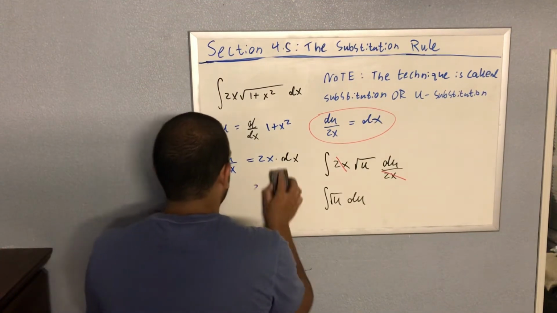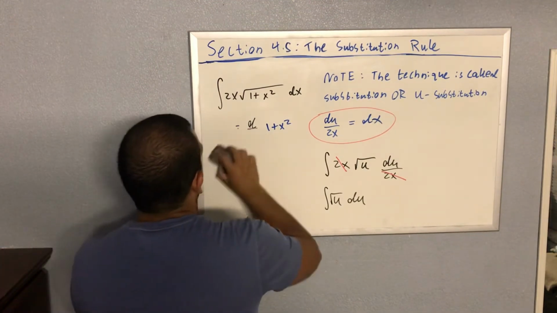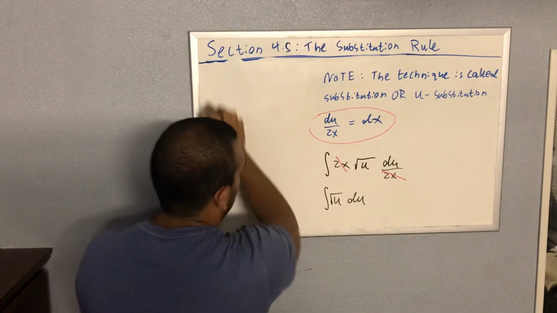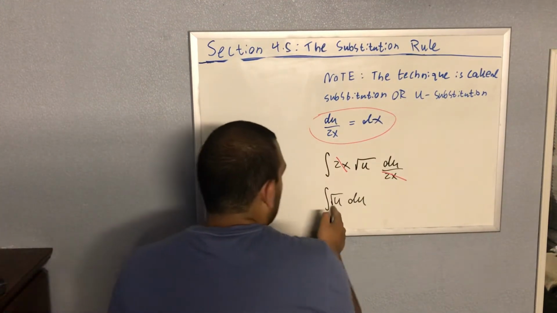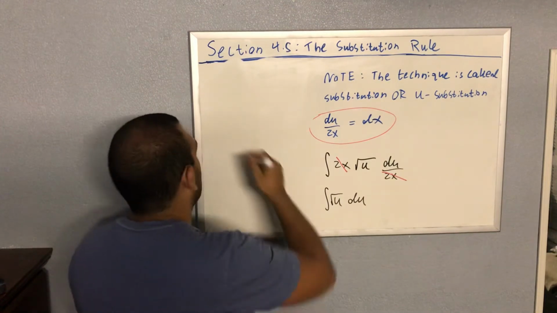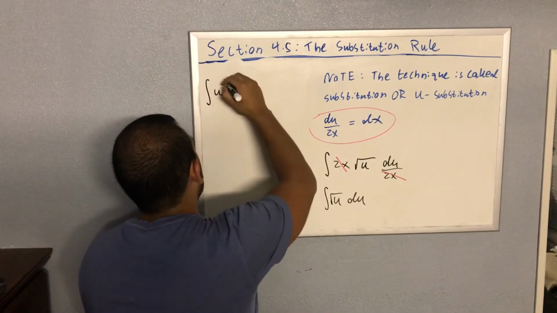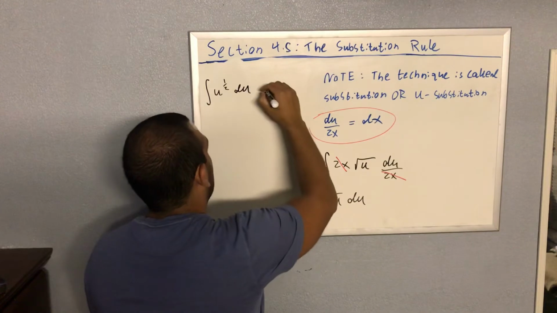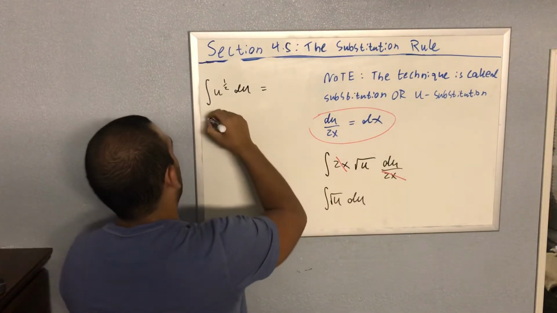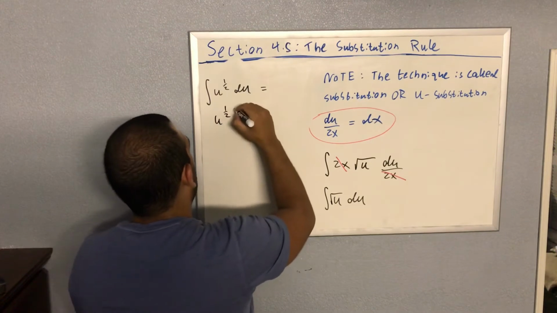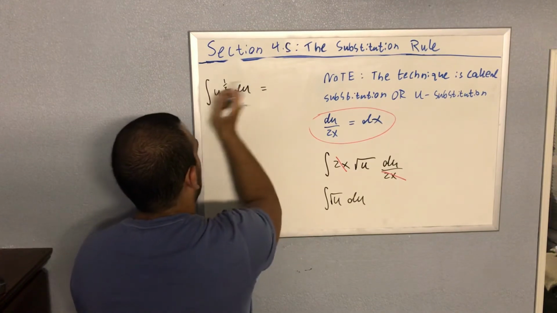Okay, let me come up here to do that. And remember, the square root of u you can write as u to the 1/2. Okay, and then we apply the power rule. So all this is remember, you're going to take 1/2 and add 1 to it. Let me leave some space.